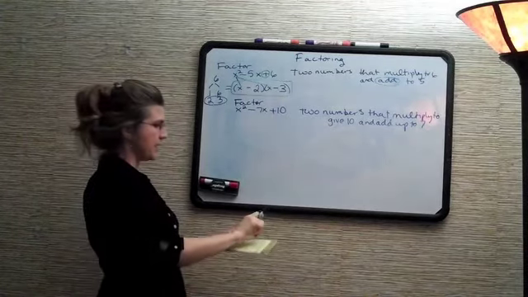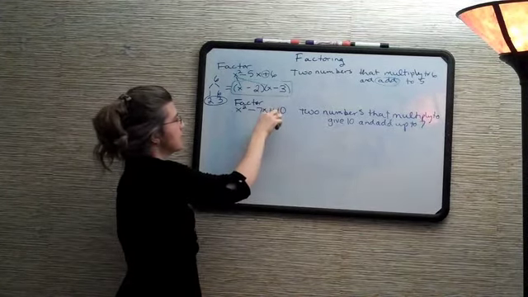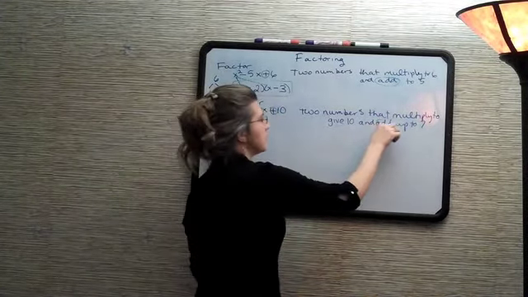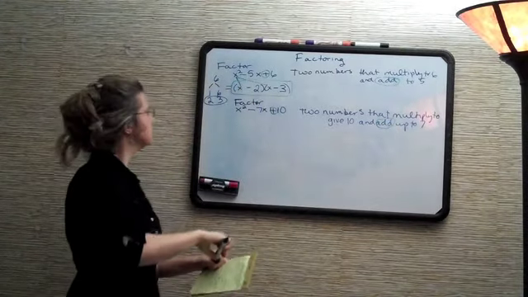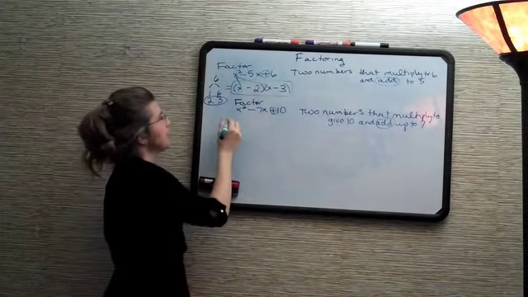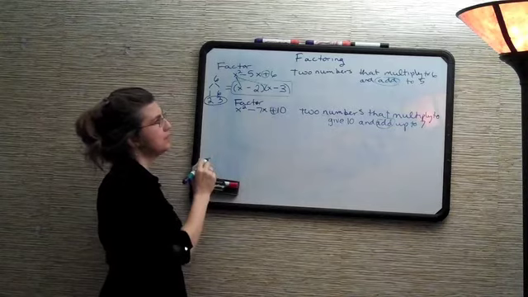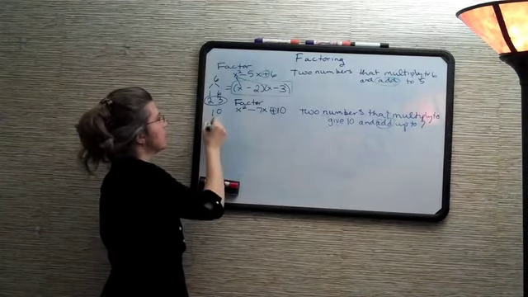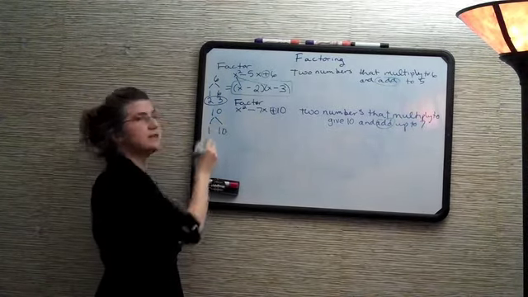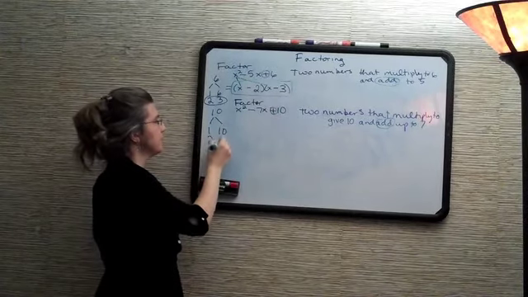Again, we know that it is adding because this sign is positive. So, if we factor this, we need to know what the factors of 10 are. So 10 has factors 1 and 10, or 2 and 5.